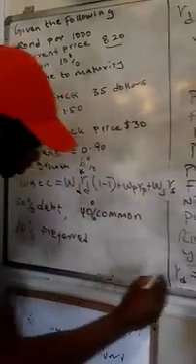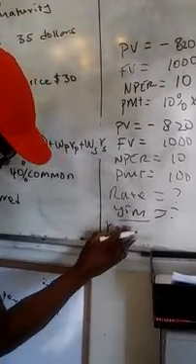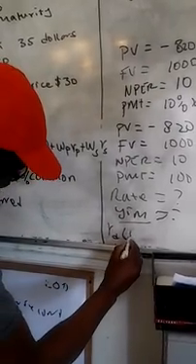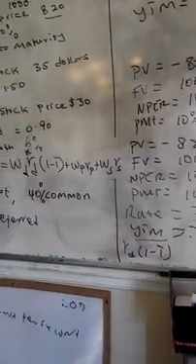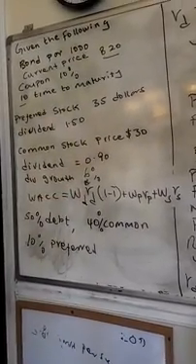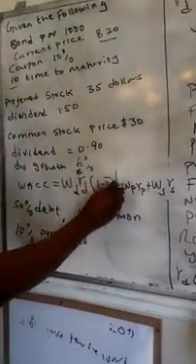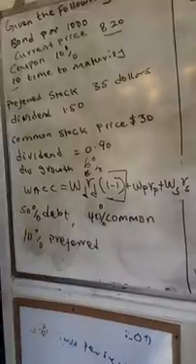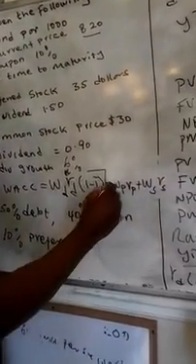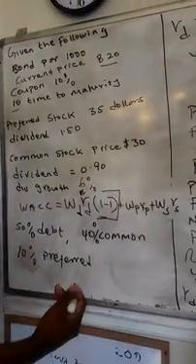When it comes to the cost of debt, you have to put the number that you get from here as your RD, and then multiply by 1 minus T to get your actual cost of debt. When you get your actual cost of debt, then you will be able to calculate that portion. That seems to be the most problematic part, the one where you're going to use a little bit more time.